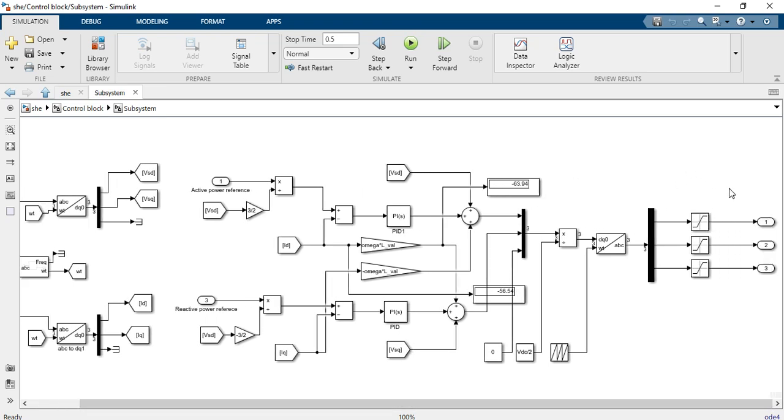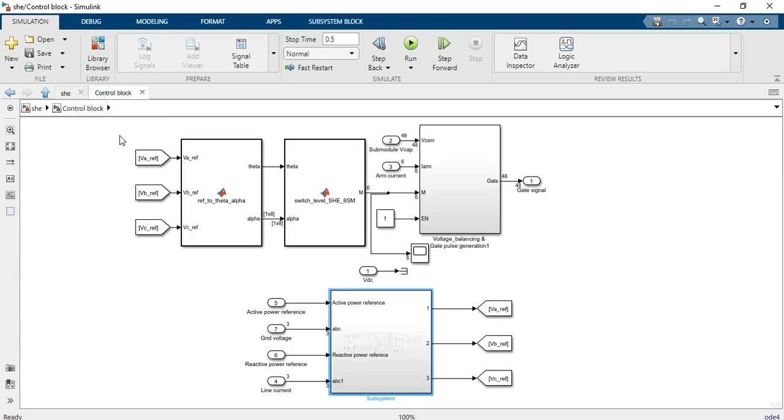And finally, you can see that the reference voltages go out, and they come in here. This is the reference so that we can calculate the theta and the alpha terms.